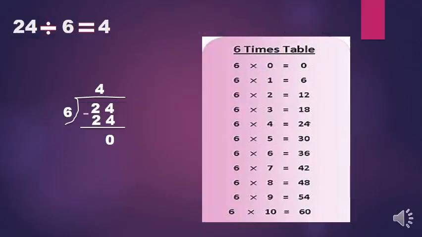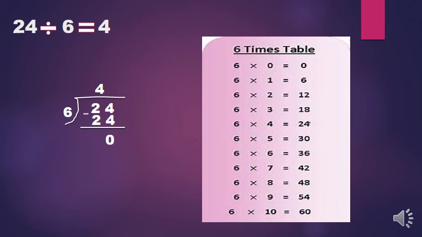For division, here you have to divide 24 by 6. 24 by 6. So very easy. We keep 6 outside and 24 inside. Okay, so you have to check in the 6 table whether 24 comes or not. So 6 ones are 6, 6 twos are 12, 6 threes are 18, 6 fours are 24. Here we have 24.